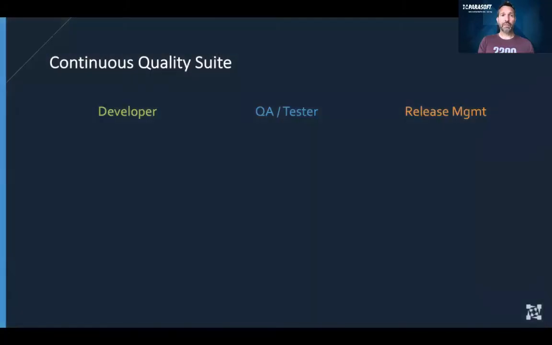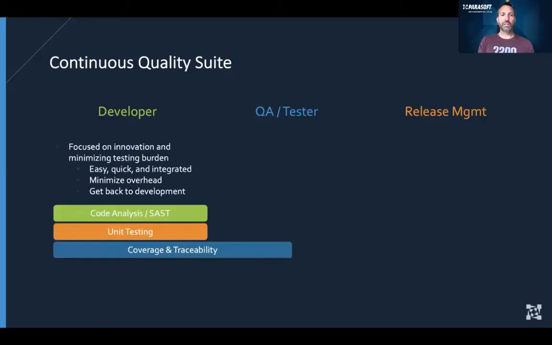So another way to think about this is who's responsible, a role-based approach. If we think about a continuous quality suite or suite of tools that we need to put together, whether we put those together ourselves or we buy them from a single vendor that can provide all of these, right? We need to start with the developer, with code analysis, both regular static code analysis, but then SAST is specifically looking at the security aspects.